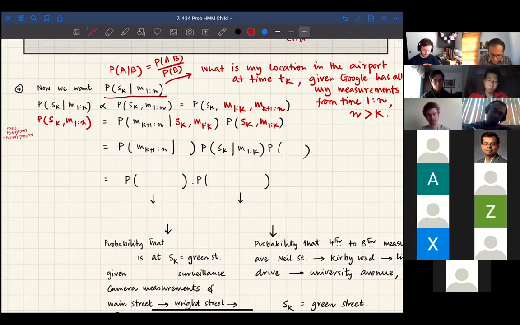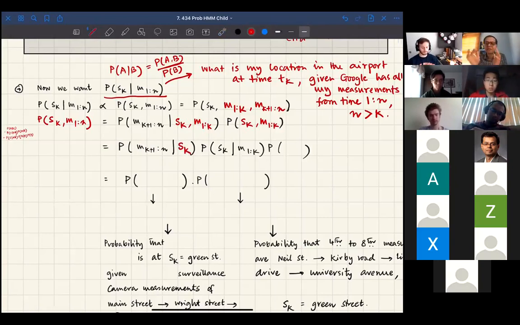Now observe that this part, mk plus 1 through n, once you know sk, it doesn't matter what m1 through k is. This is the Markov assumption again. We are going to say it doesn't matter what m1 through k is, this only depends on sk.